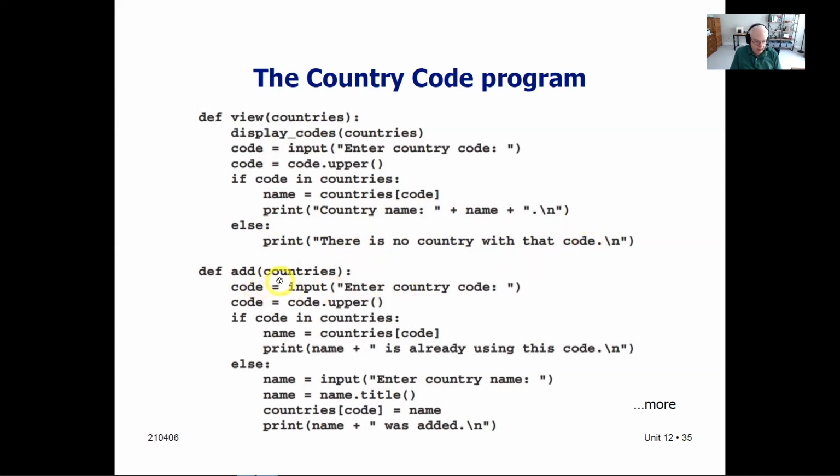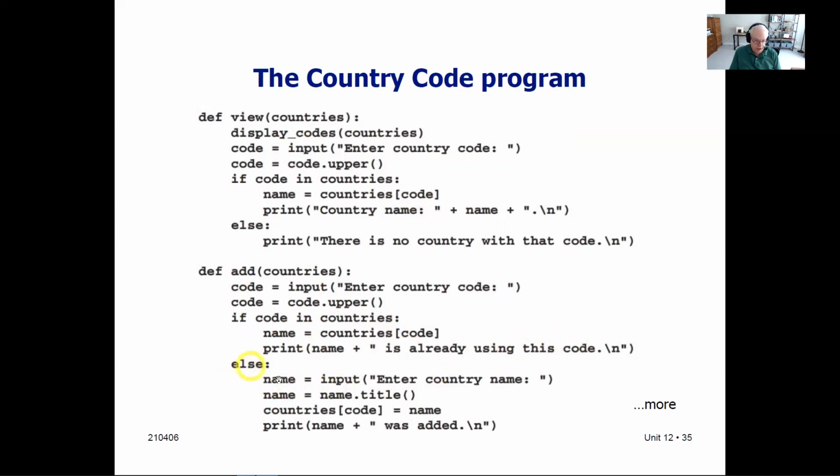Then to add, this one is kind of the same thing done a little bit differently as view. So we'll ask for the code, okay, and then we'll change the code to uppercase. We'll check to see if that code is in the countries dictionary, just like we did above, it's exactly the same code.